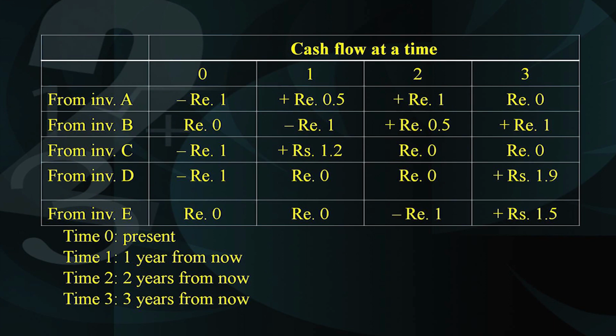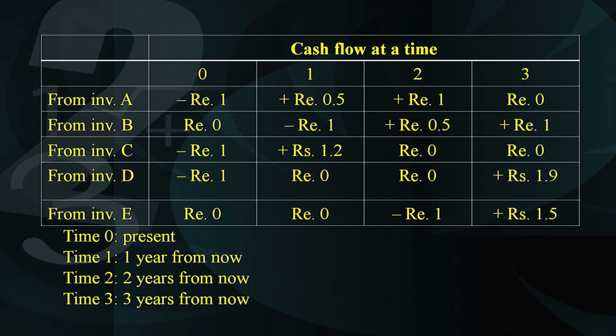Now, here is a table, the data is given in this table. If you look at the A, B, C, D, E and you look at what kind of levels it has, 0 is the present level. Similarly, 1 is the level after 1 year, level 2 is the level after 2 years and 3 is the level after 3 years.